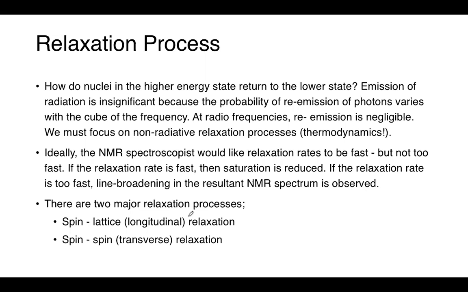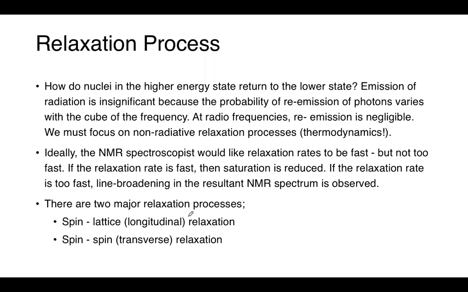Ideally, the NMR spectroscopist would like relaxation rates to be fast, but not too fast. If the relaxation rate is fast, then saturation is reduced. If the relaxation rate is too fast, line broadening in the resultant NMR spectrum is observed. So we want kind of a halfway house, and we need to sit somewhere in the middle.